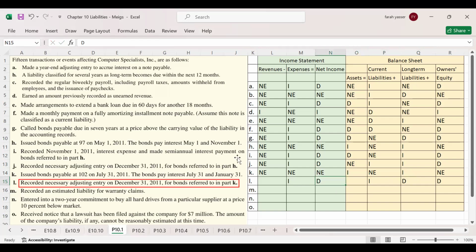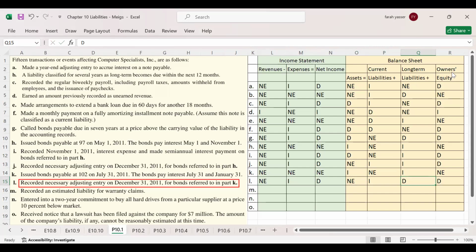Here you can see in transaction I, which was related to discount, long-term liabilities were increased, whereas in case of bonds issued at a premium, long-term liabilities are decreased. So there's no impact on net income, no impact on revenue, and no impact on assets from this transaction.